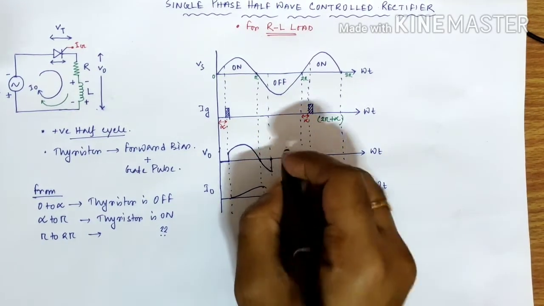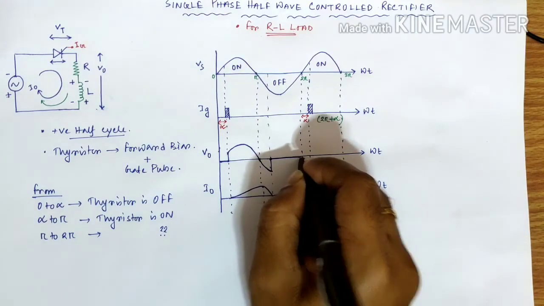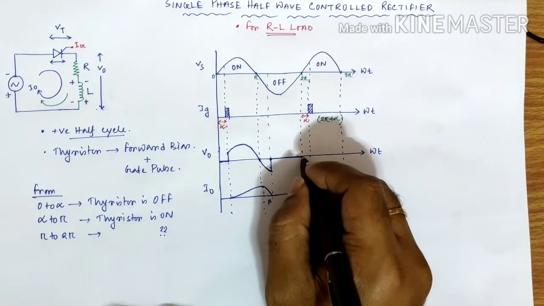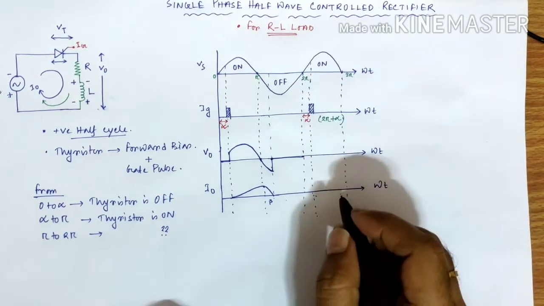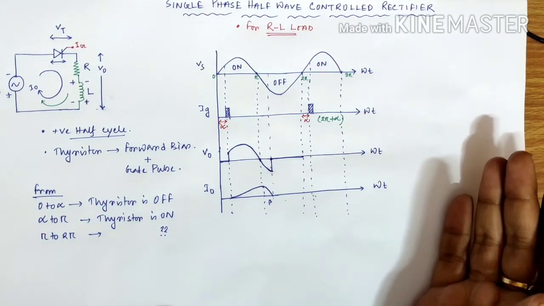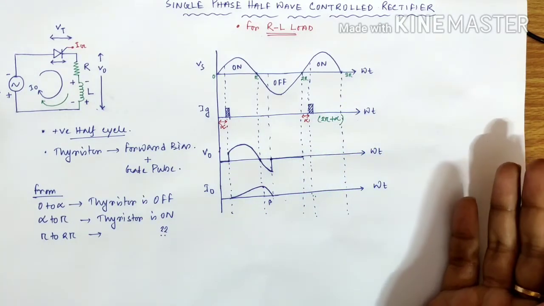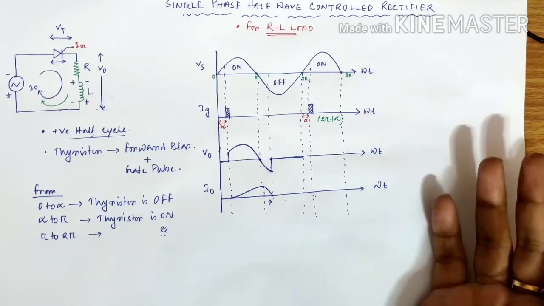After that, the thyristor is off, so you will not get any output voltage up to 2 pi. From 2 pi forward, the next cycle begins, but as we have not applied the gate pulse yet, the thyristor will not be turned on.